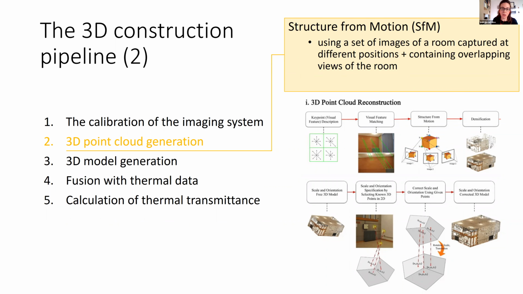And once the 3D point cloud model is generated, we need to also correct the rotation and scale of this point cloud, because it is initially an arbitrary positioning in 3D space. So for this, we use user interaction. 3 points from the captured visual band images should be selected.